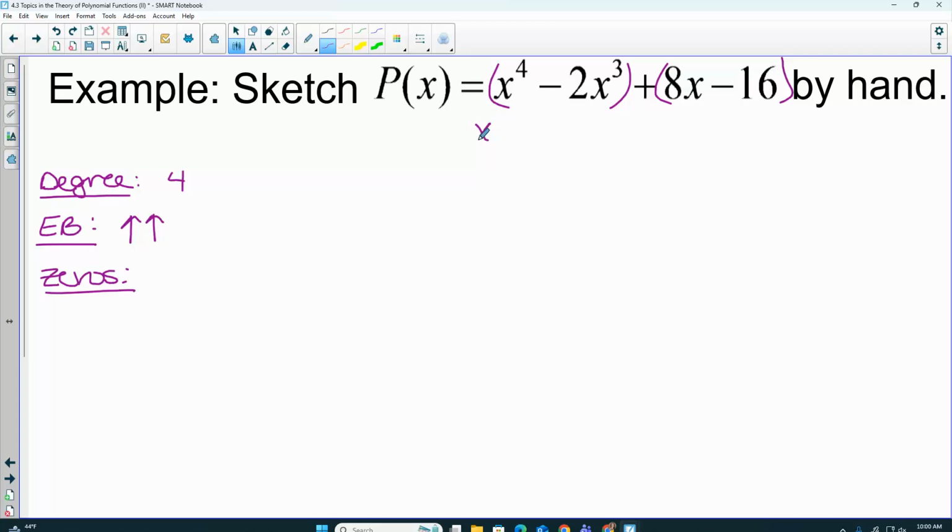We can take an x cubed out of that one. Take an 8 out of this one.